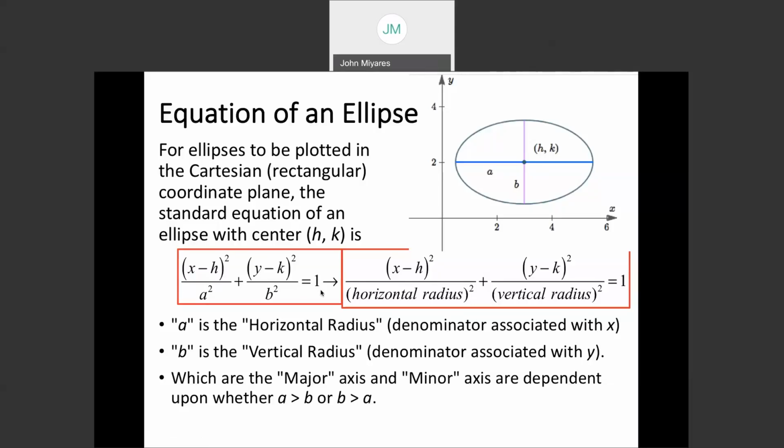And then you'd have to flip them around when the major axis is vertical. Personally, I'm not a fan of memorizing two different formulas for the same shape when one is going to do just fine. So we're going to work with just one formula here and say whichever of the two is bigger, either the A or the B, is going to be the major axis.